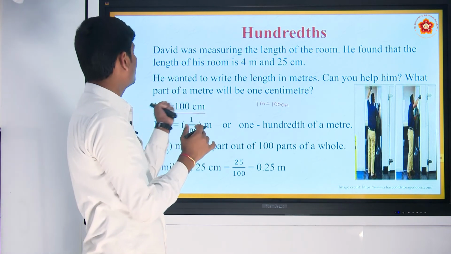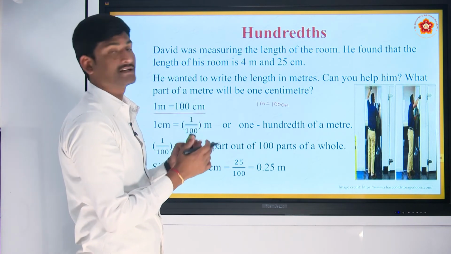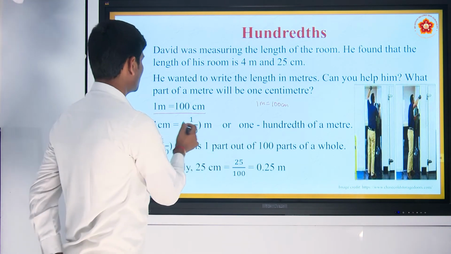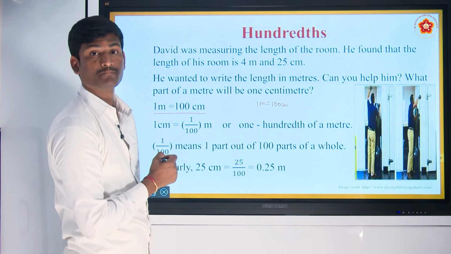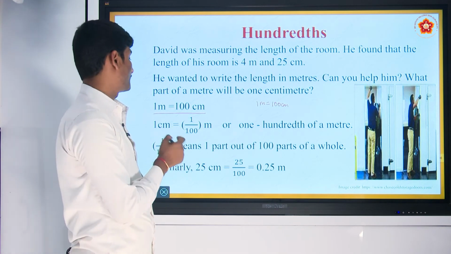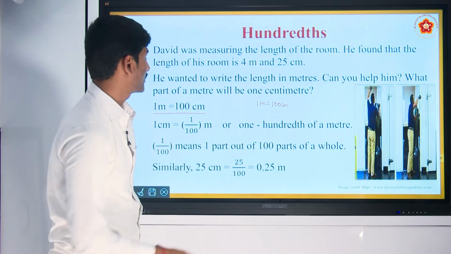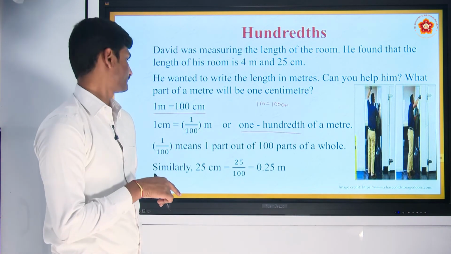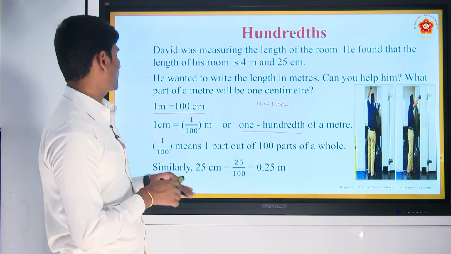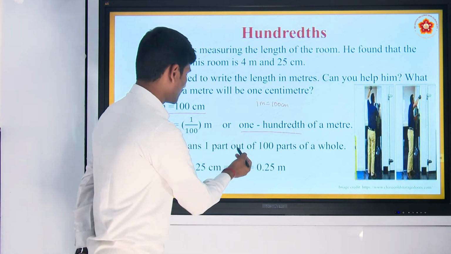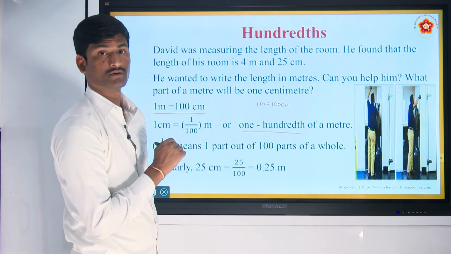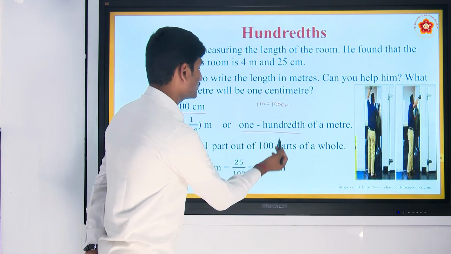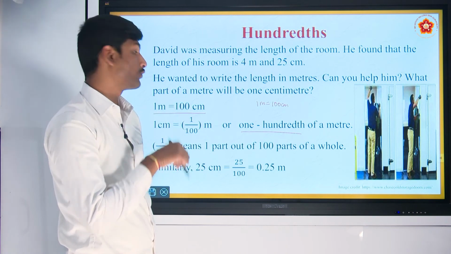You already know 1 meter is equal to 100 centimeters. So 1 centimeter is equal to 1 divided by 100 meter, or 1/100th of a meter. Here 1 by 100 means 1 part out of 100 parts of a whole.